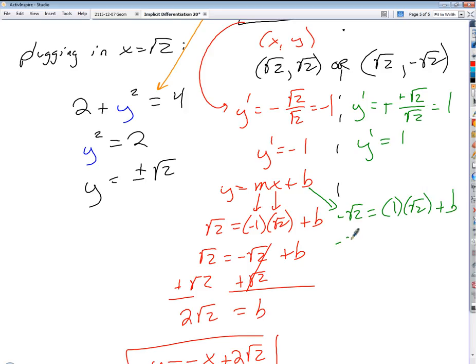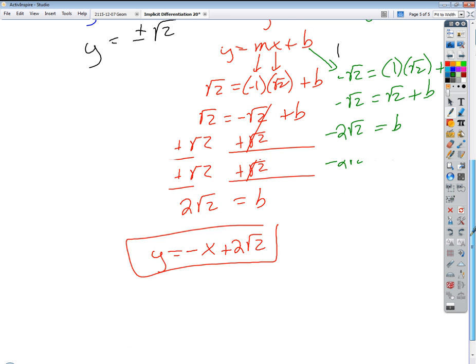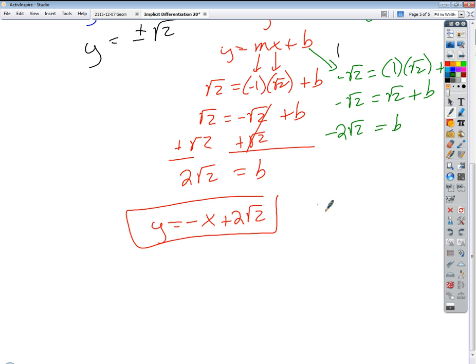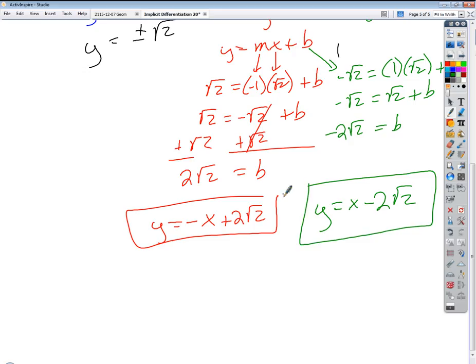So negative radical 2 equals radical 2 plus b. So what's b equal to? Yeah, negative 2 radical 2. And so our other equation ends up being then y equals 1x plus negative 2 radical 2. Okay, does that make sense?